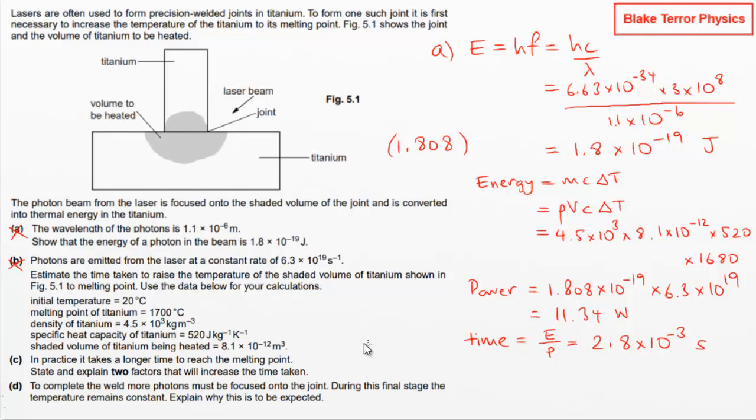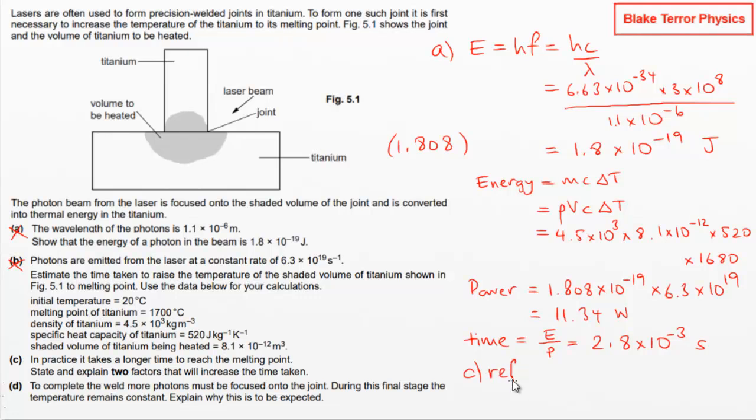Okay, so the first one is, of course, we're going to have inefficiencies in this. All of it is going to be to do with inefficiencies, which is why it's taking longer. Now, there's 2 that spring to mind here. So we've got the energy supply is not what we're expecting it to be, as in not all of the energy from the laser is going into this joint.